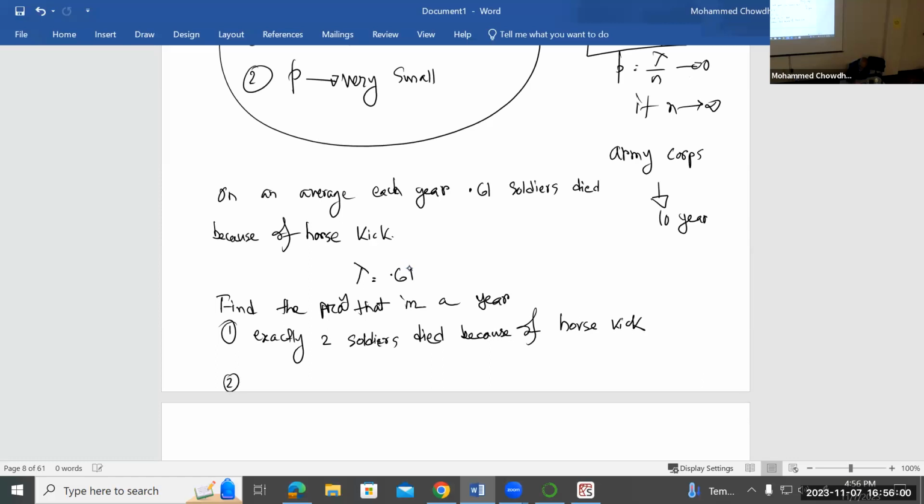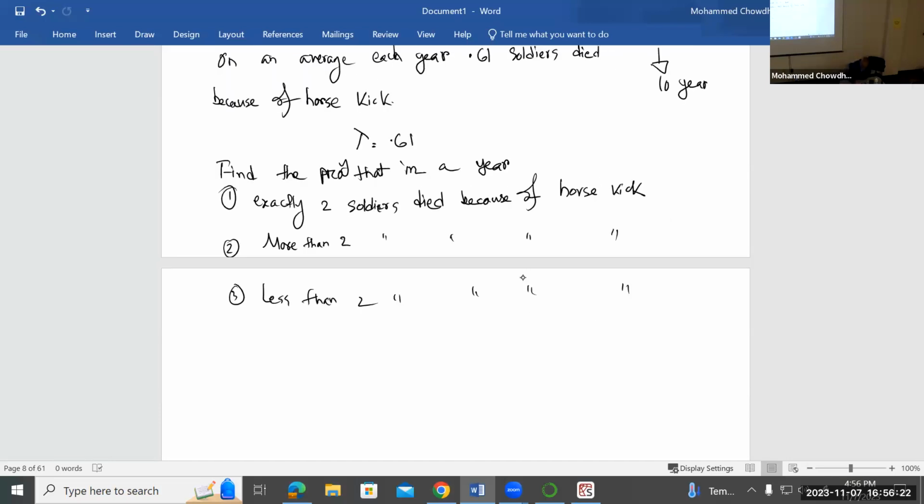Number two, more than two soldiers died because of horse kick. Number three, less than two soldiers died because of horse kick. Clear?